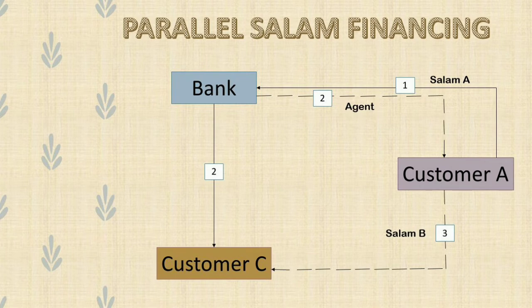B has a subsidiary C, which is a separate legal entity but is fully owned by B. A cannot contract a parallel salam with C. However, if C is not wholly owned by B, A can contract parallel salam with it, even if some shareholders are common between B and C.